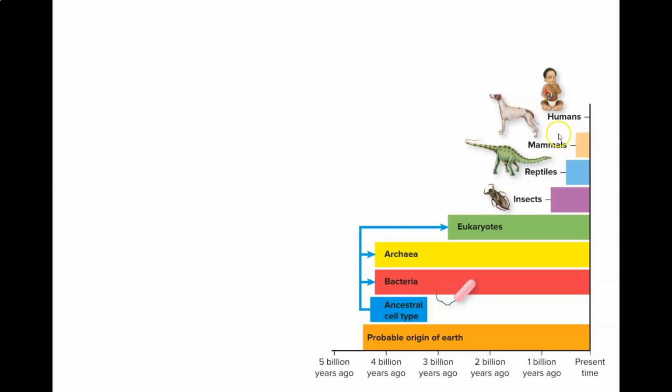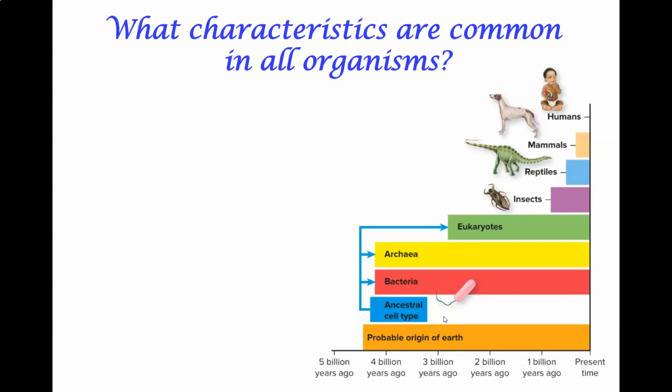So this gives us an idea that all living things on Earth are related back to the ancestral cell type. And we all share some common characteristics that are carried from the ancestral cell into the different groups of organisms, from the microbes to the bigger organisms.